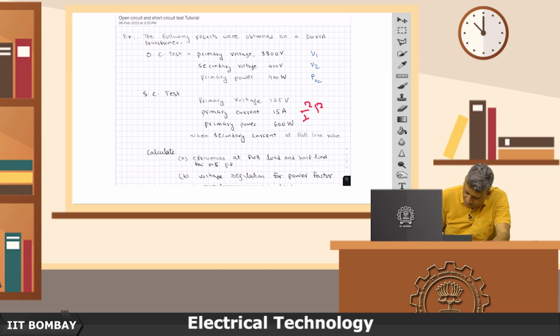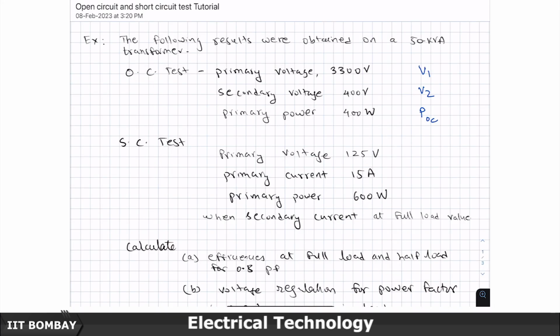Therefore, we can ignore open circuit losses and assign this 600 watts completely to the I square R, which is the copper losses, net I square R, the copper losses in the two windings put together. So, the 600 watts is the PSC, the copper losses.